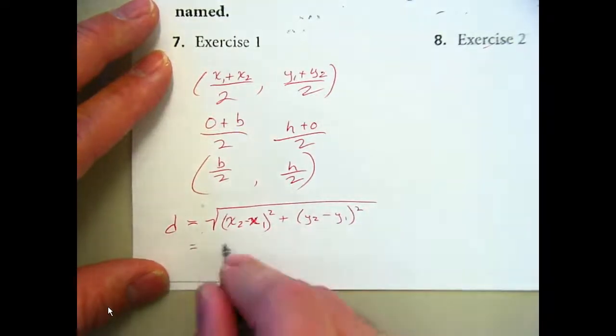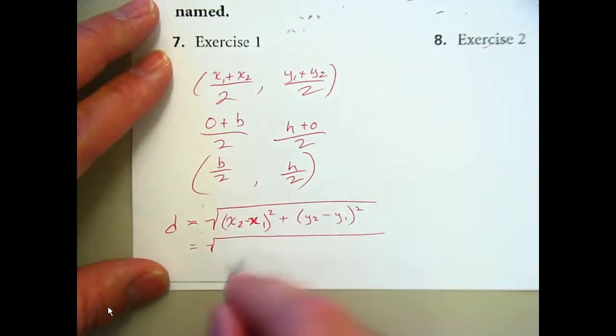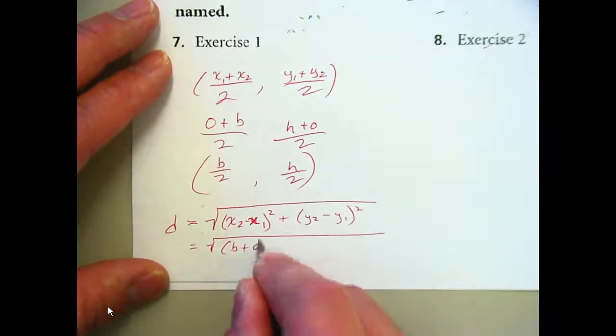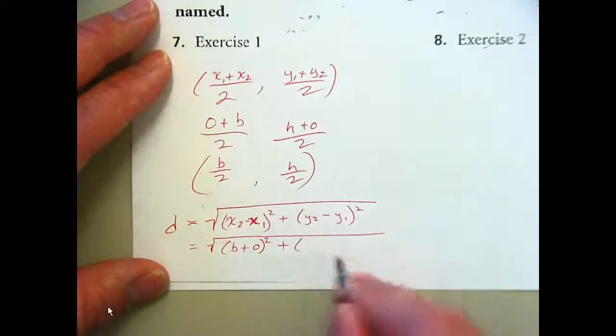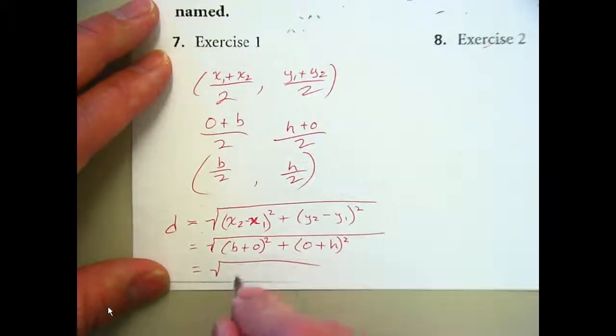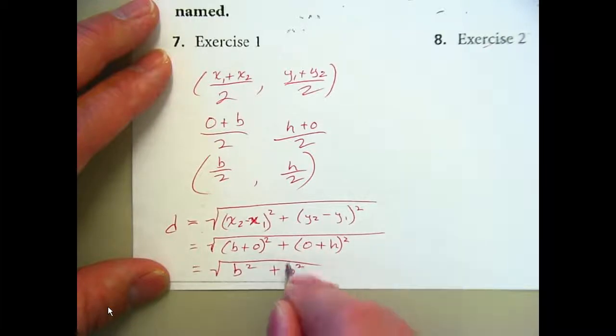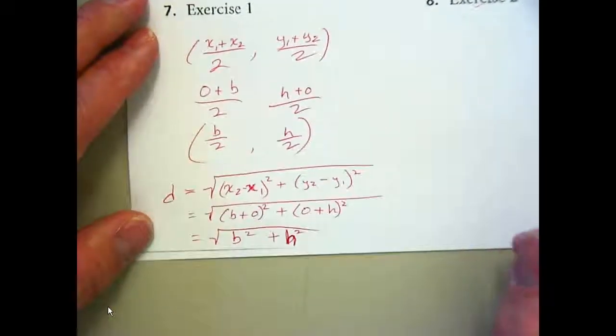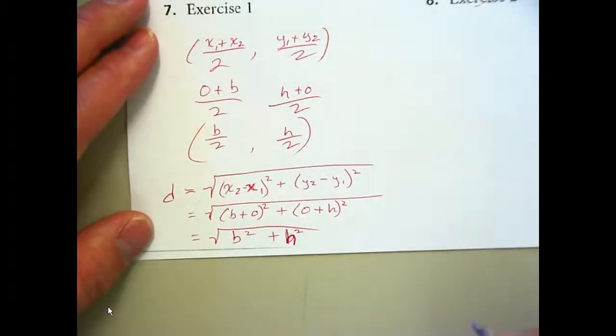So in this case, when you have a 0 in there, you have your b plus 0 squared, and your 0 plus h squared. So in this case, it is d equals the square root of b squared plus h squared. Now, can I just take the square root of each of those? KJ, question?